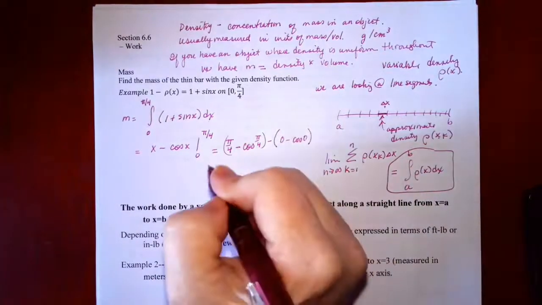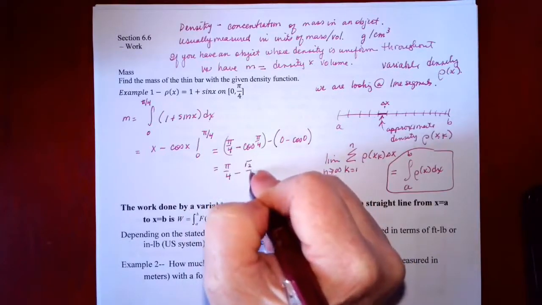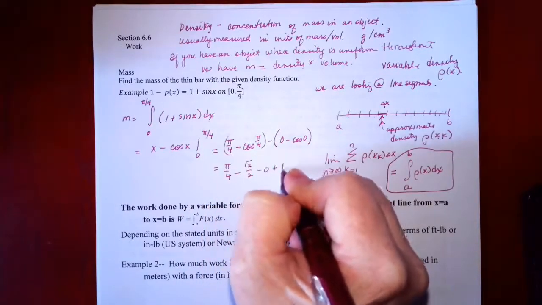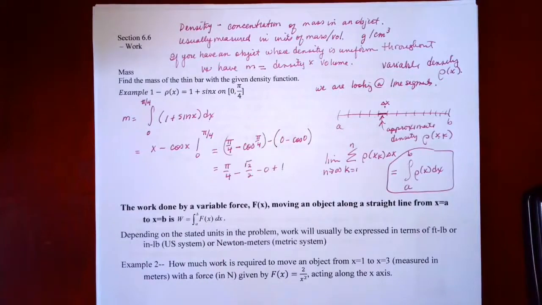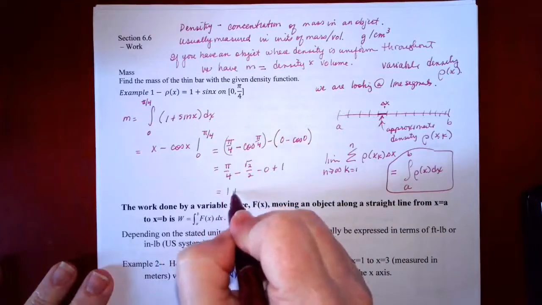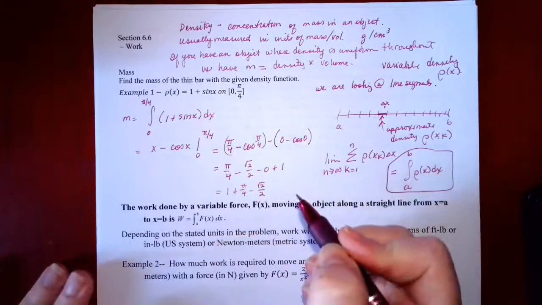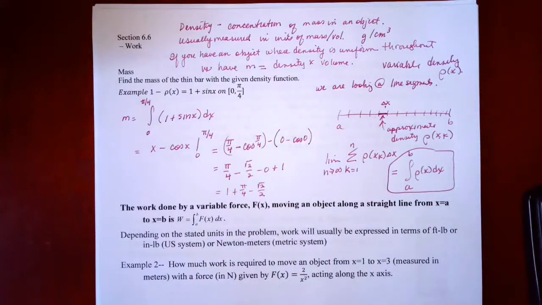So that would be pi over 4 minus the square root of 2 over 2 minus 0 plus 1, because remember cosine of 0 is 1. So we would end up with a mass of 1 plus pi over 4 minus square root of 2 over 2 units, and they didn't specify in this particular problem what the units were.